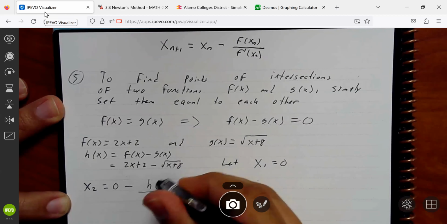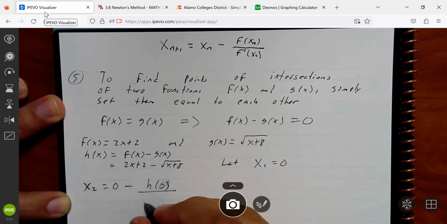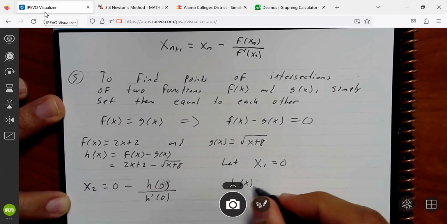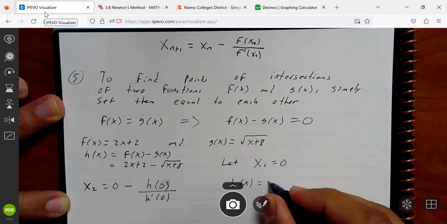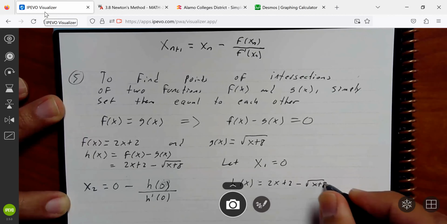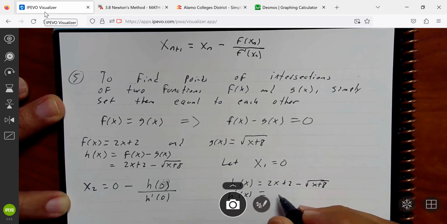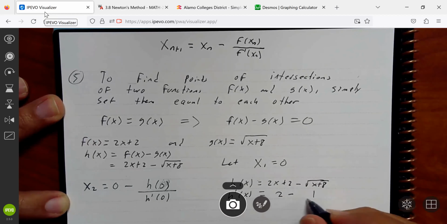Oops, 0. Derivative of h. That's going to be 2 minus 1 over 2 the square root of x plus 8.